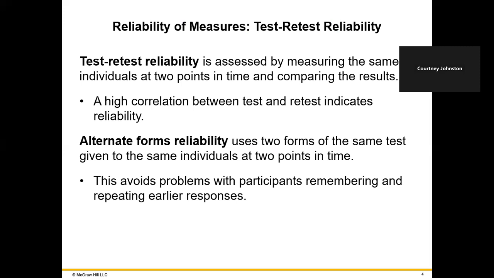And a high correlation between the test and retest indicates that, in fact, your survey is reliable. Alternative forms reliability uses two forms of the same test given to the same individuals at 2 points of time. This avoids problems with participants remembering and repeating earlier results as well.